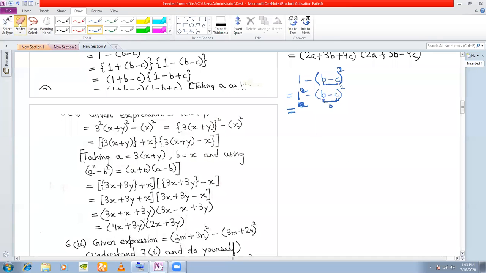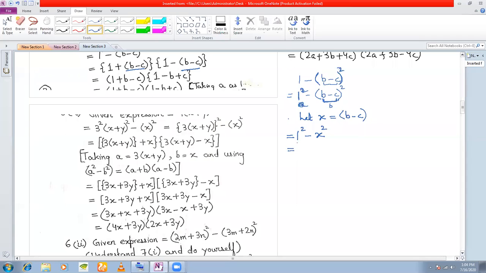Now if I want to proceed, I have proceeded here directly. See, I have written directly here. But what you can do is you can say let x is equal to b minus c, so that this now becomes 1 square minus x square. Any doubts till this part? No, sir.